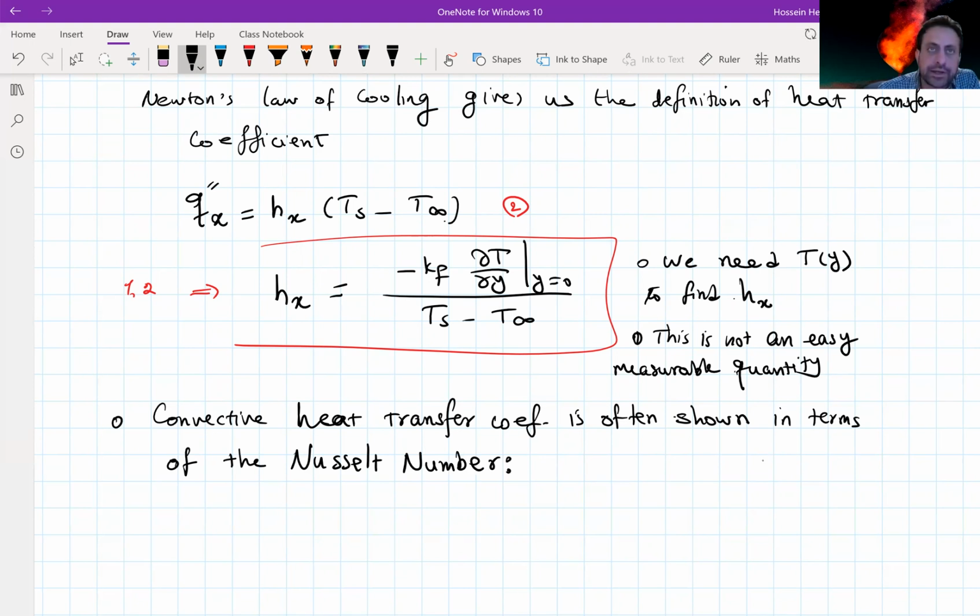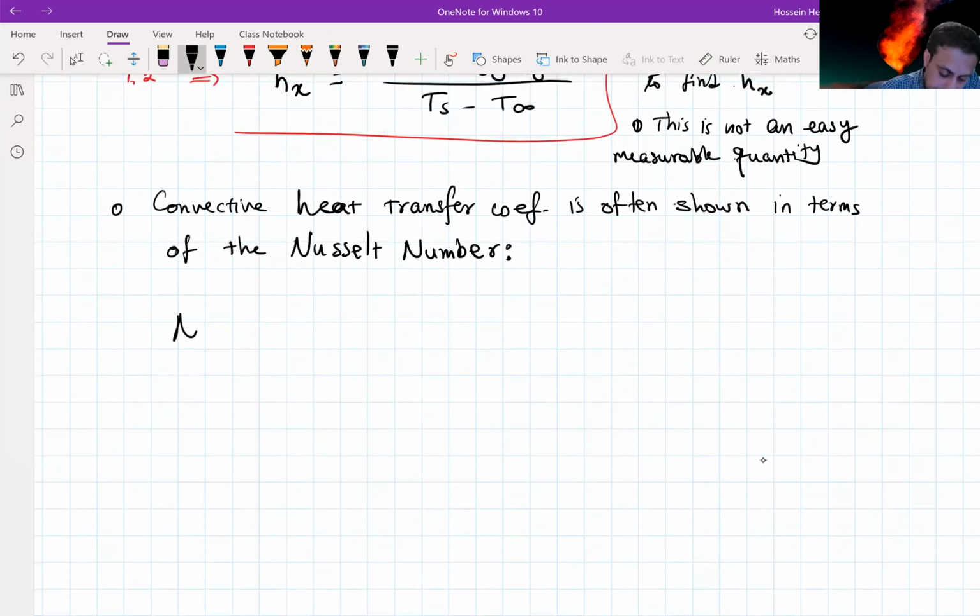We show it as a Nusselt number of x for the local heat transfer.